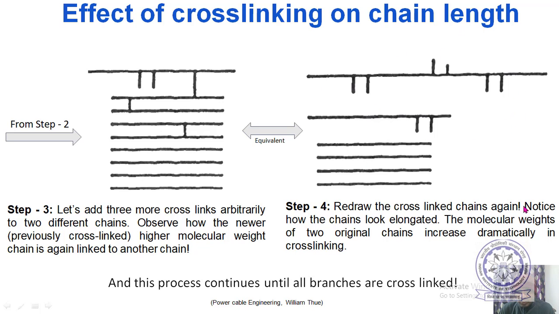Redraw the cross-linked chains again. Notice how the chains look elongated. The molecular weights of two original chains increase dramatically in cross-linking. And this process continues actually until all branches are cross-linked.